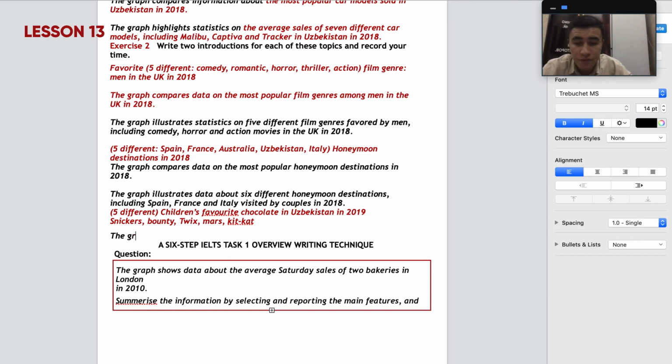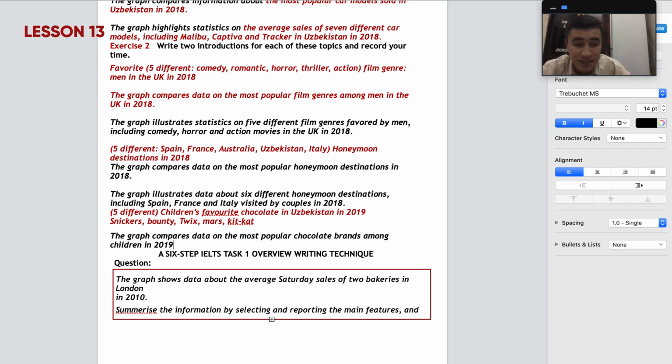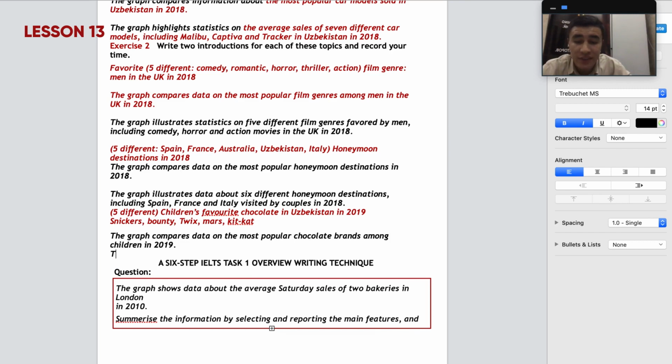The graph compares data on the most popular chocolate types, or let's say brands, among children in 2019.